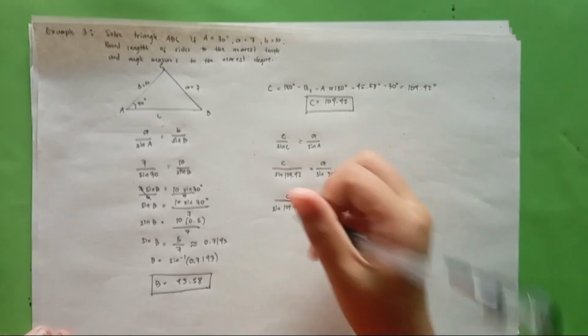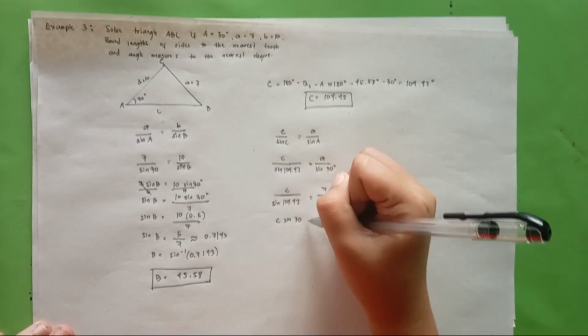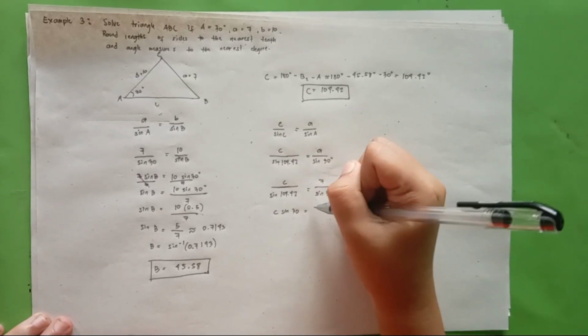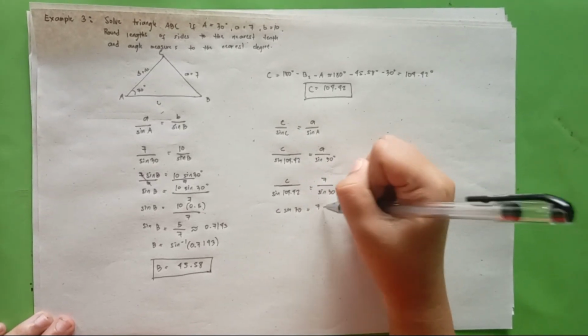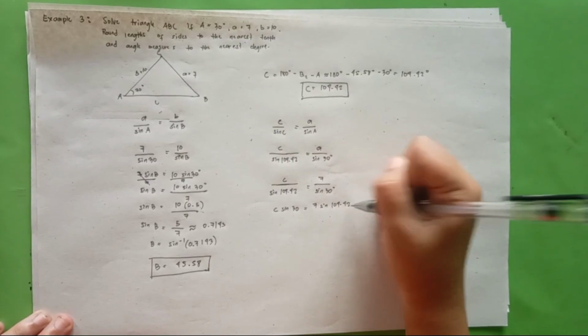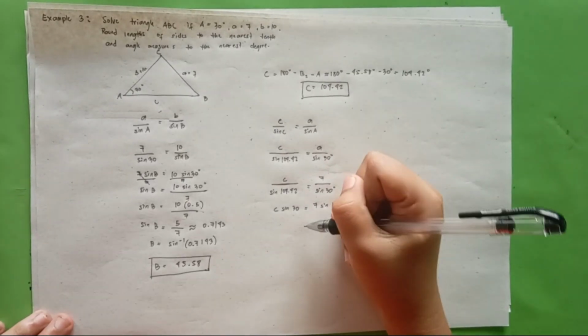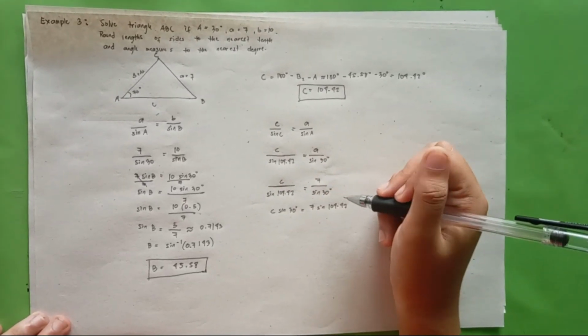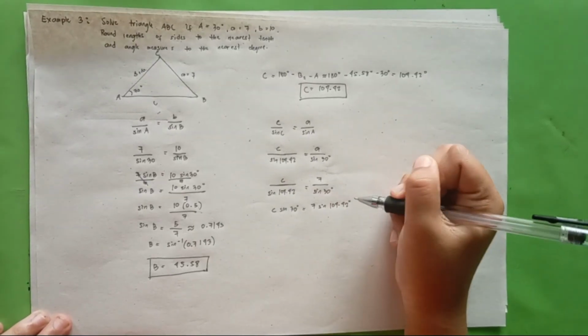After that, we cross multiply, and then we divide both sides by sine 30.